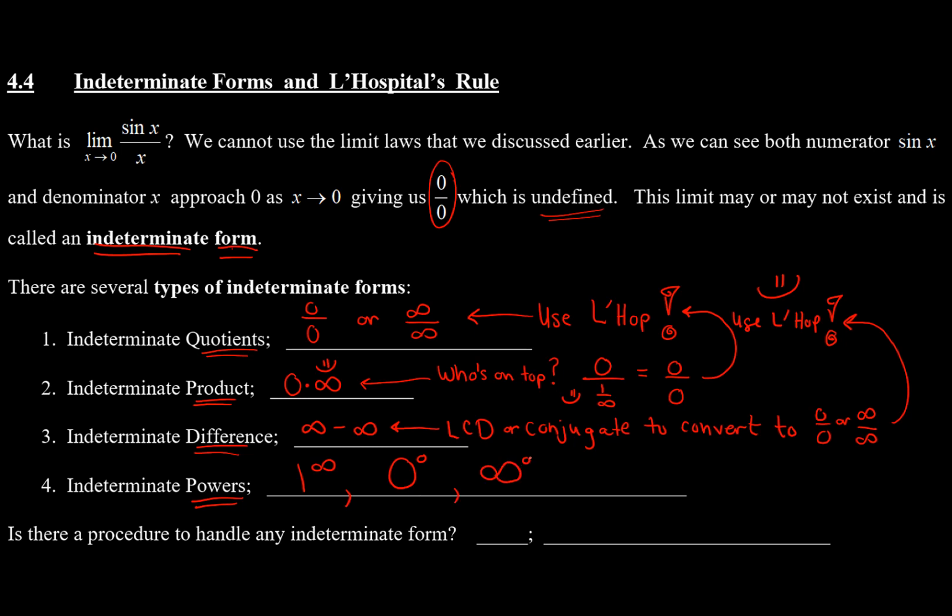Or infinity to the power of 0. For these problems, you're basically going to use logarithms, and then with that, you're going to convert to 0 over 0 or infinity over infinity, and then you're going to use L'Hôpital's.